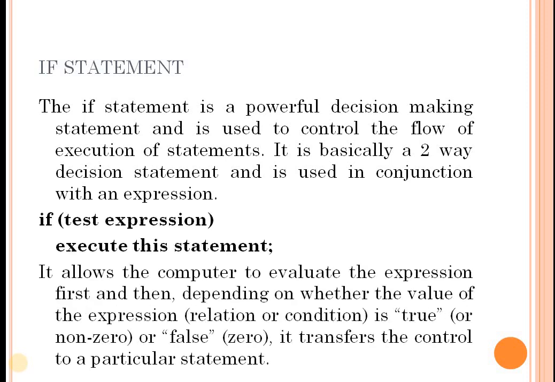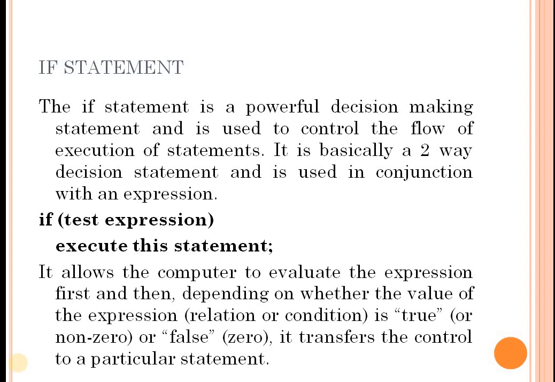So the syntax of the simple if statement is if, and in the round brackets we are going to give the condition. This condition which we are going to write will be a relational expression. We are going to use the relational operators. So if the value of this test expression is true, then only the next statement will be executed.